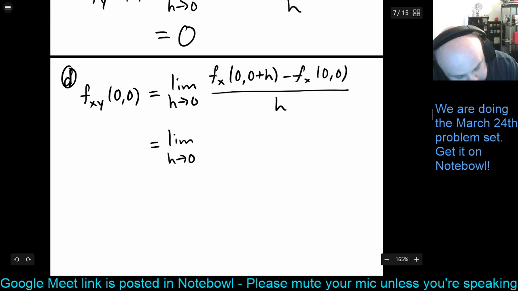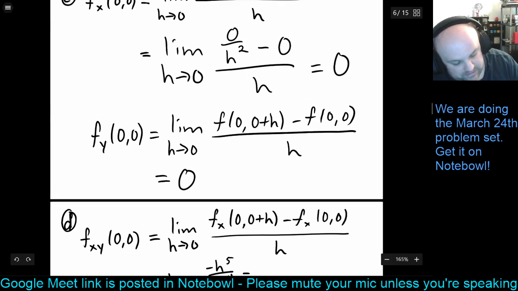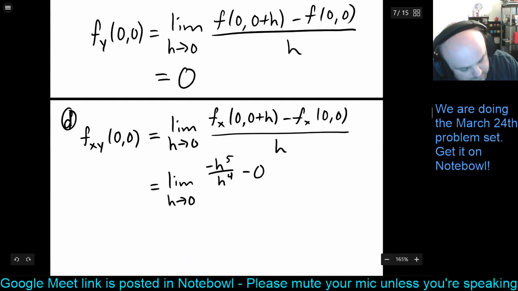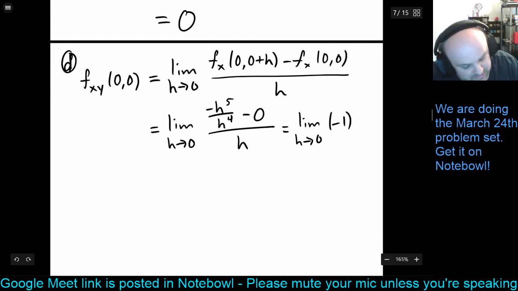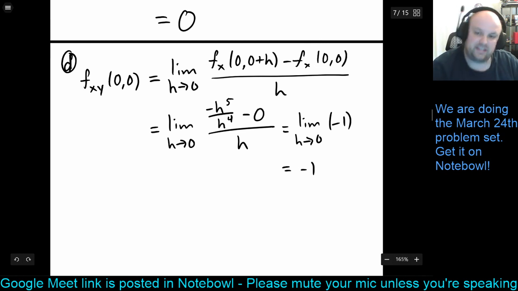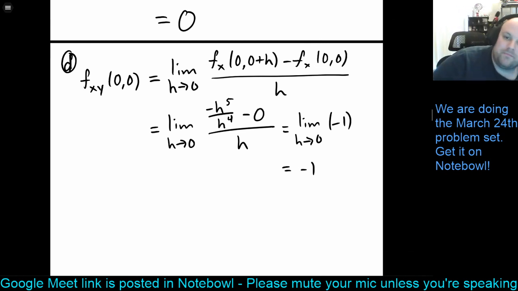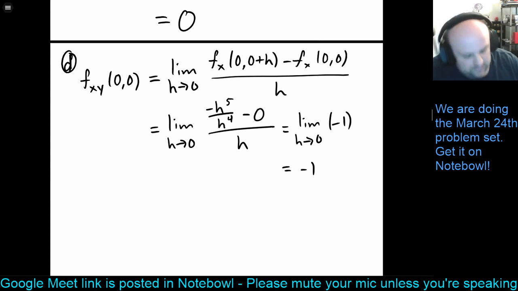What we're going to wind up with is minus h to the 5th over h to the 4th. Now f_x at (0, 0), that's what we did right here. That's just 0. And this is over h. So when we simplify this we're going to get negative 1. And so that derivative is negative 1.